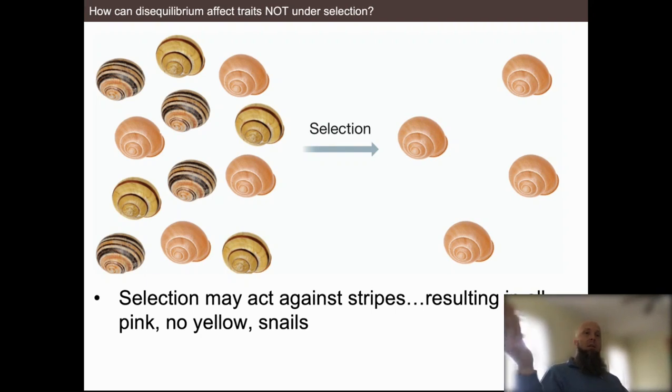But because the only individuals that have no stripes were pink, the population is also now 100% pink. So selection didn't act on the color, but as a byproduct of selection for no stripes, the color pink became fixed, as did the absence of stripes in this population.